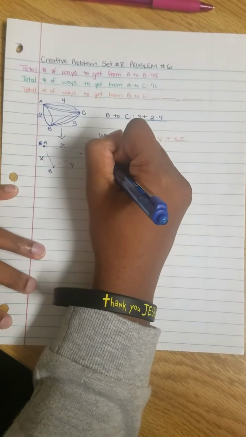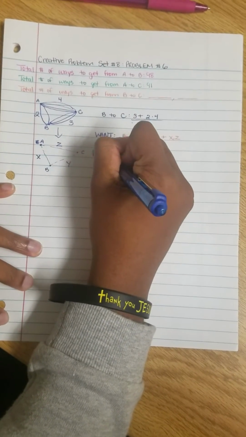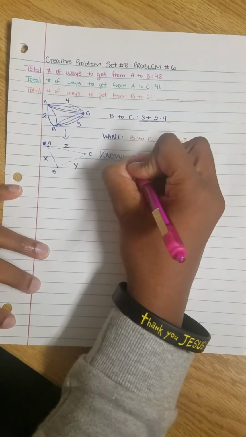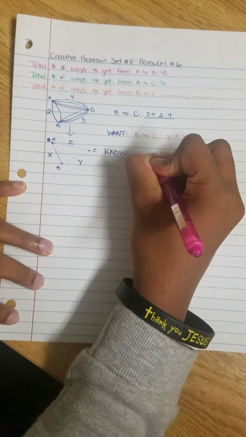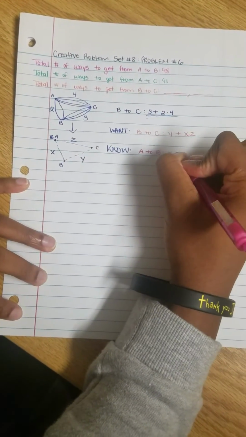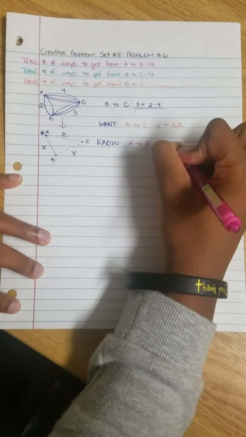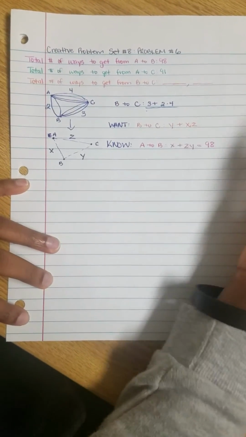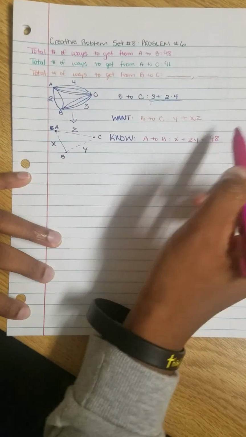And what we already know from A to B, we have X plus Z times Y, which equals 98, because they already told us the total number of ways from A to B is 98.